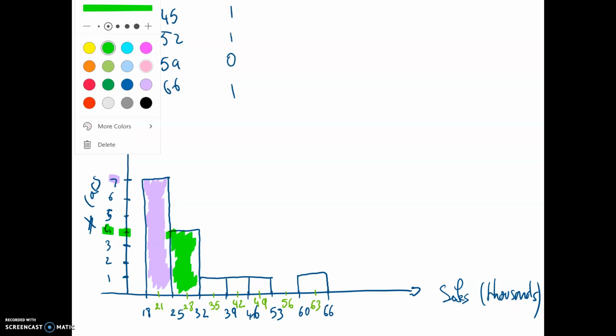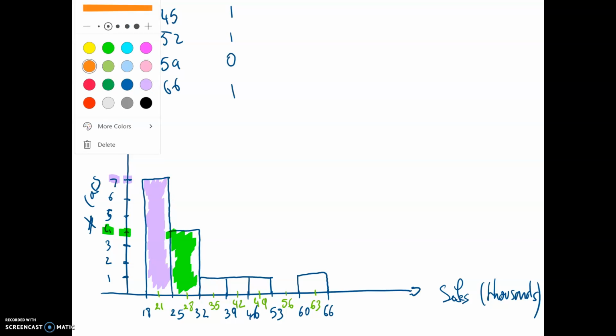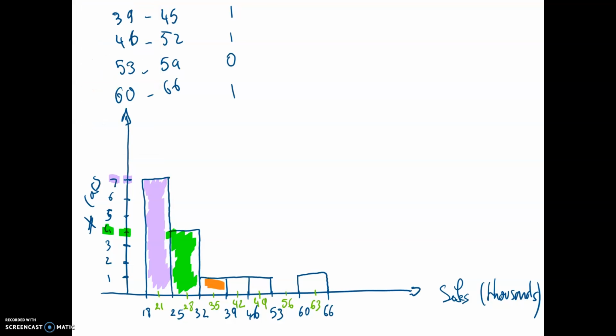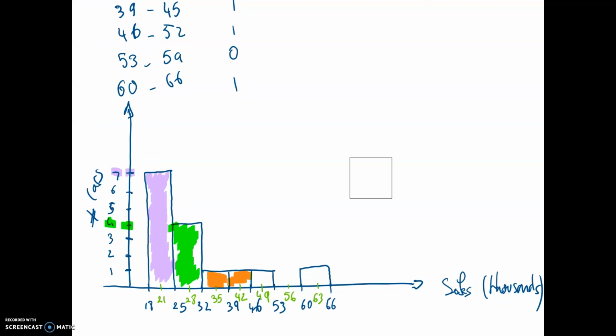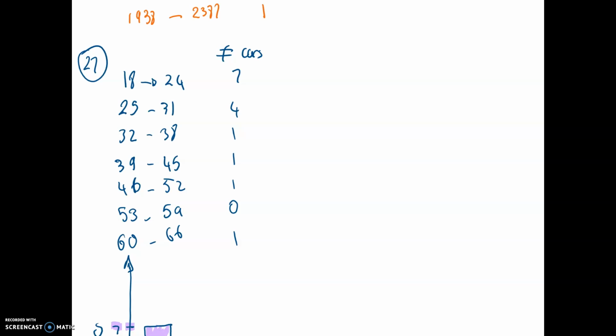Then I could have the ones that are going to be equal to 1. They are right here: 1, 1, and 1.